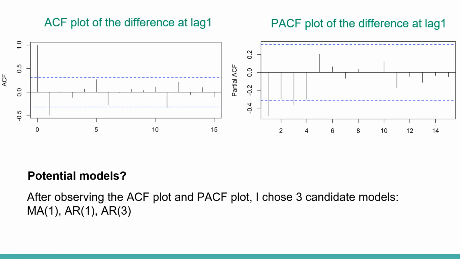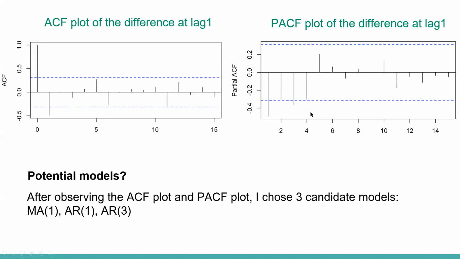But looking at what I have right here, you're going to see that this is very close to the line. One may suspect that if you consider just this lag right here, it is an autoregressive model of order one. But if you consider the three right here, this one and this one are very close.